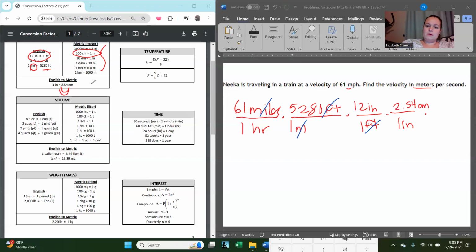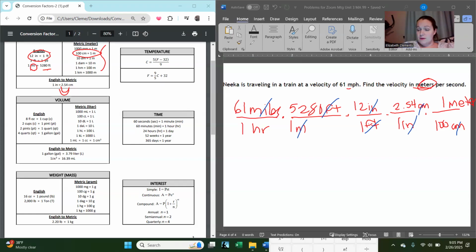And that's gone. Then I have centimeters to meters. So I have 100 centimeters is equal to 1 meter. And that's what I need, 1 meter. I need meters here. So my centimeters is gone.